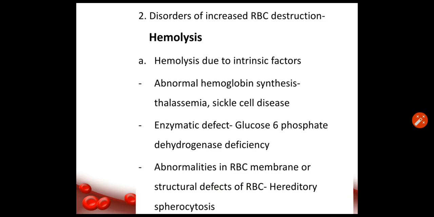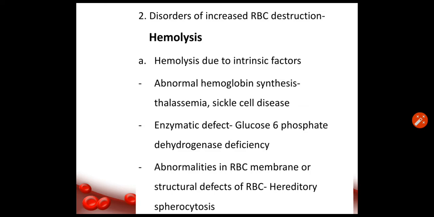The second reason for anemia is disorders of increased RBC destruction. This RBC destruction is named hemolysis. This hemolysis can be because of intrinsic factors and also extrinsic factors. Hemolysis due to intrinsic factors are the factors which are inherited or inherent inside our body.